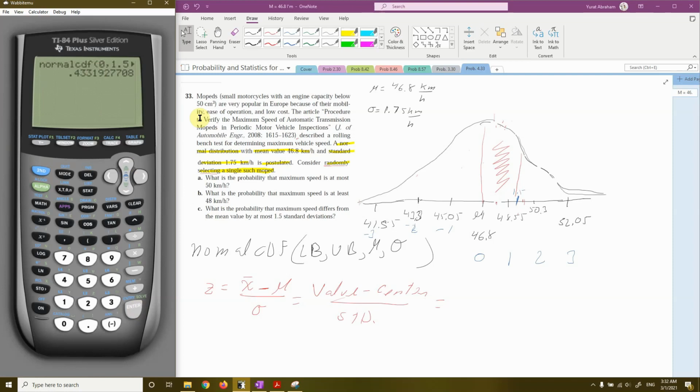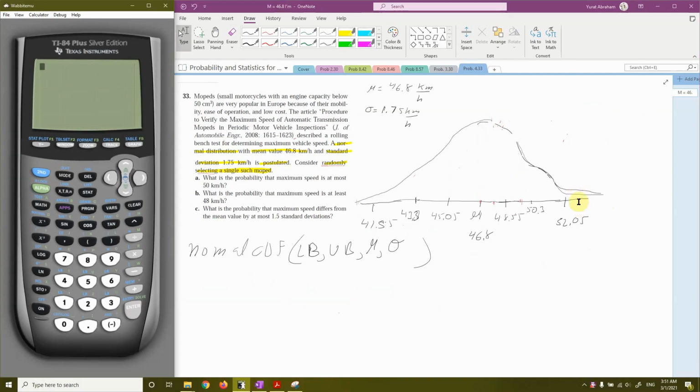So the probability inside here is 43.32% or 0.4332.